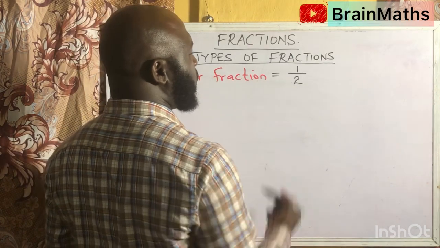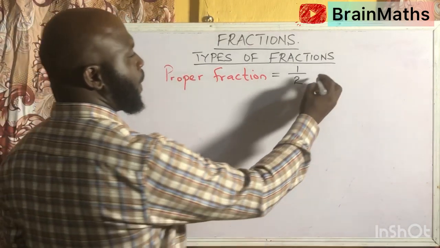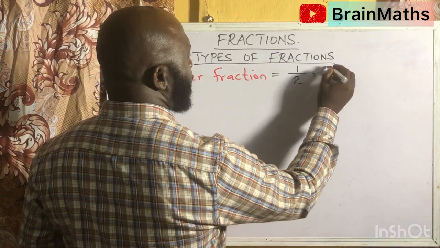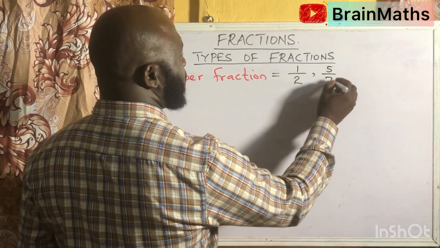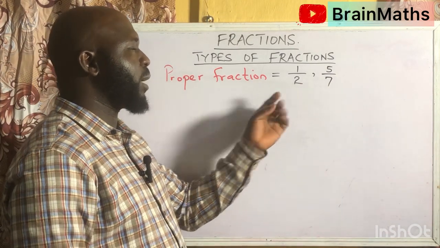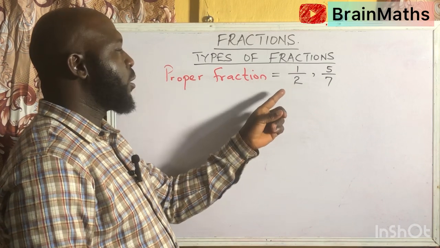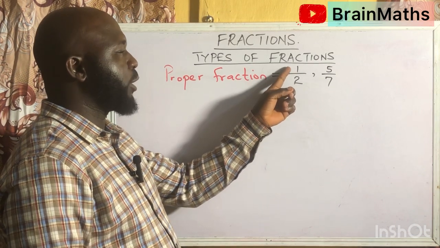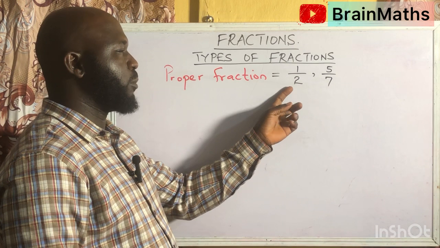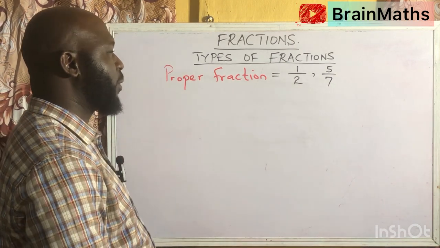So 1 over 2 is a good example of a proper fraction. Another example may be 5 over 7. Whenever you are given a fraction that has a smaller numerator compared to the denominator, that fraction is referred to as a proper fraction.